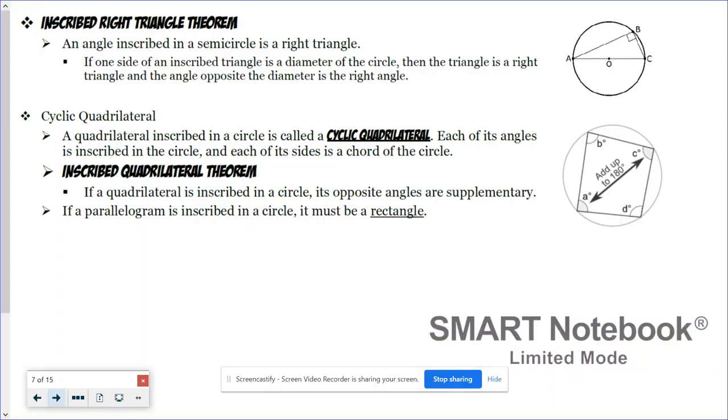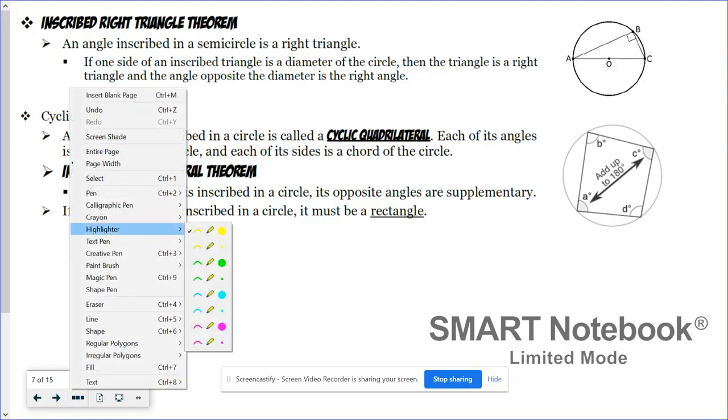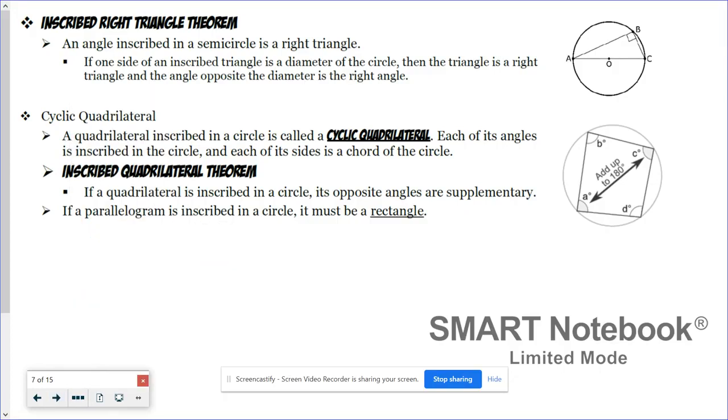The first polygon is the right triangle. This one follows directly from the inscribed angle theorem. If you look at the diagram, the inscribed angle B, if I extend the sides of that angle, the endpoints are A and C, and AC is a semicircle because the segment AD is a diameter.